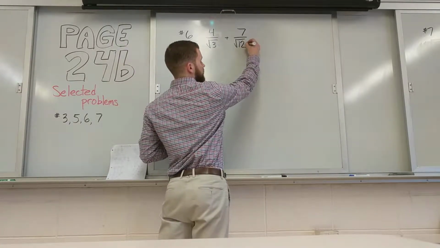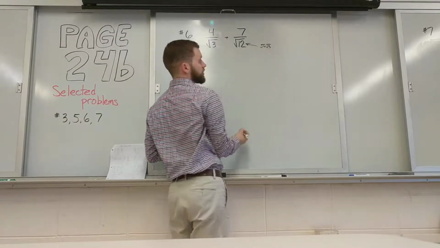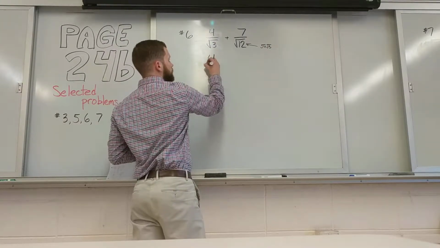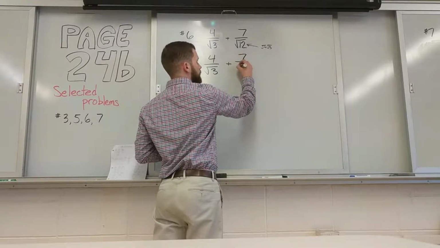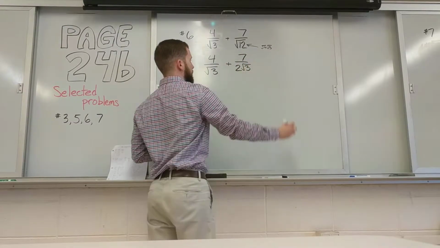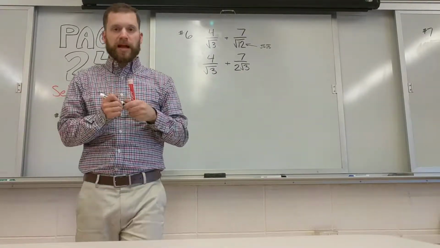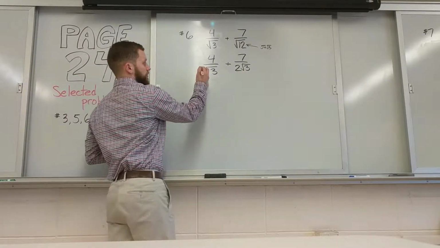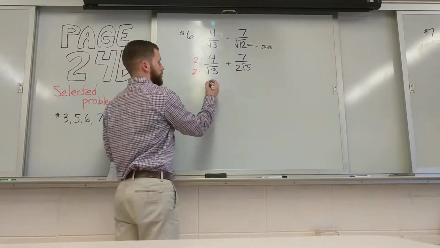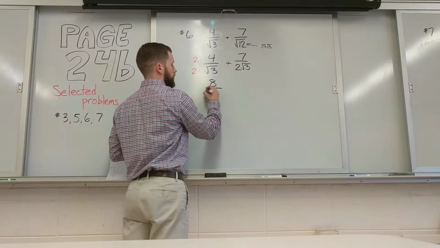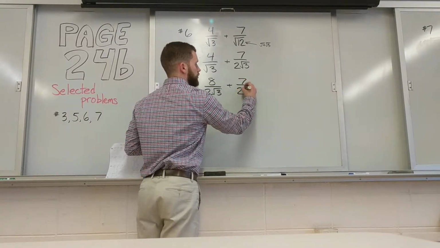So this is like root 4 times root 3, so just 2 root 3. Okay, I see that this is 2 root 3, this is just root 3, so in order to make them common denominators, let's multiply this by 2. We end up with 8 over 2 root 3 plus 7 over 2 root 3.